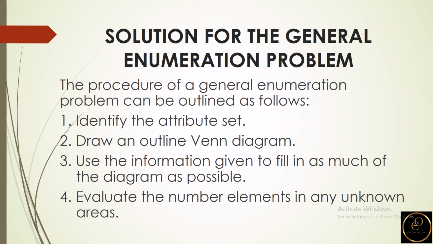So that's the first part. Then number two, draw an outline Venn diagram. The outline Venn diagram just assists you to indicate the periphery, the border, the limits or the boundaries which encapsulate these particular elements of interest.